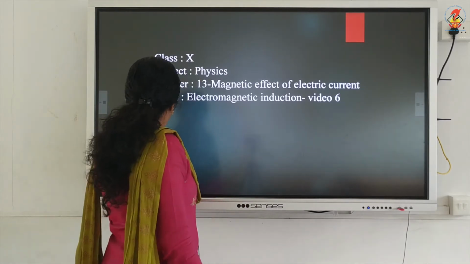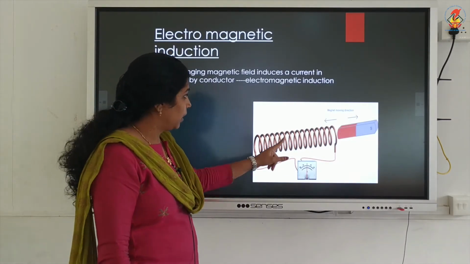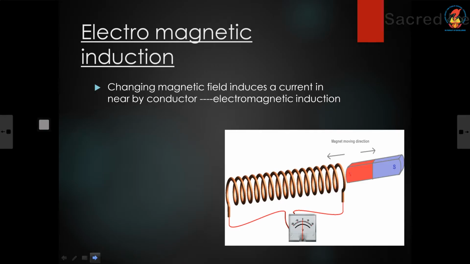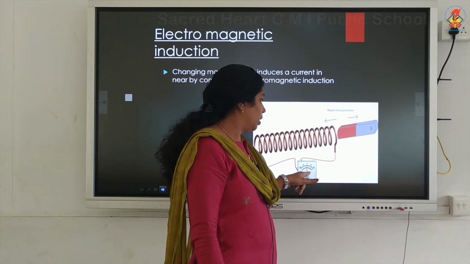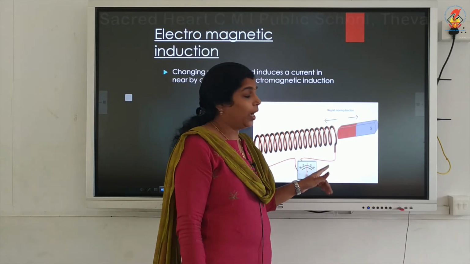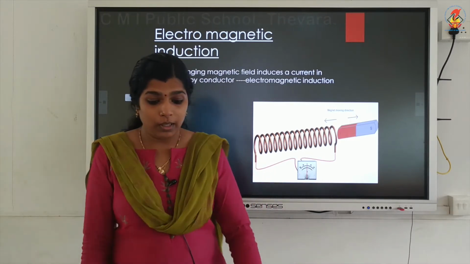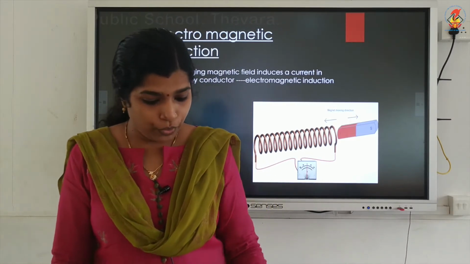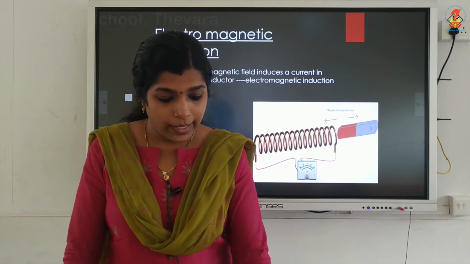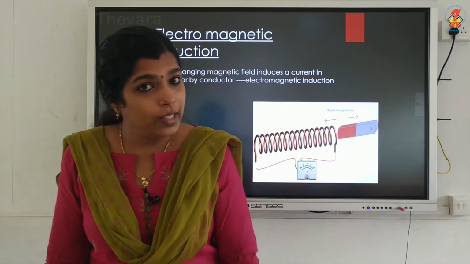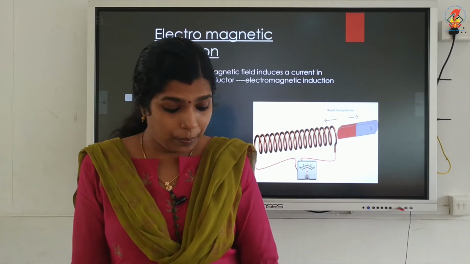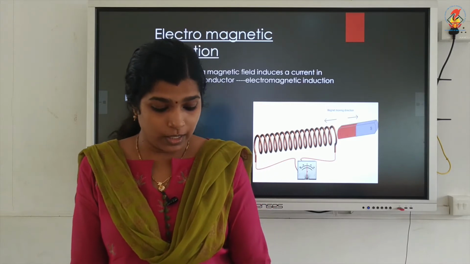So in this diagram a coil is there and a galvanometer is there. The galvanometer will deflect either to the right or to the left depending upon the direction of current. A galvanometer is an instrument that detects the presence of current in a circuit.